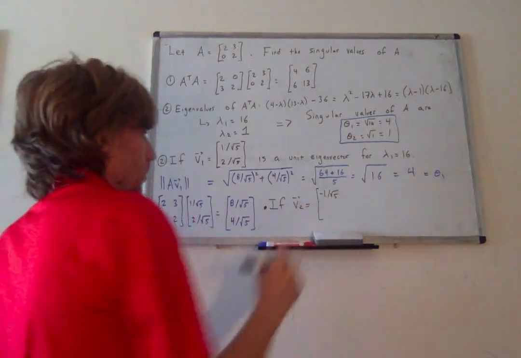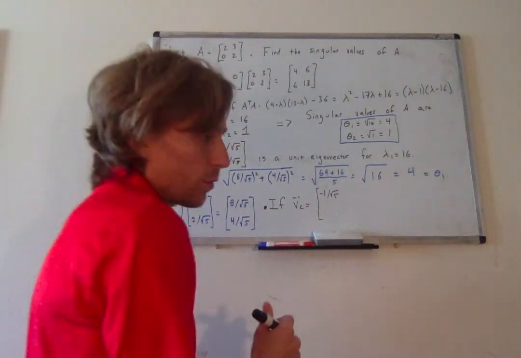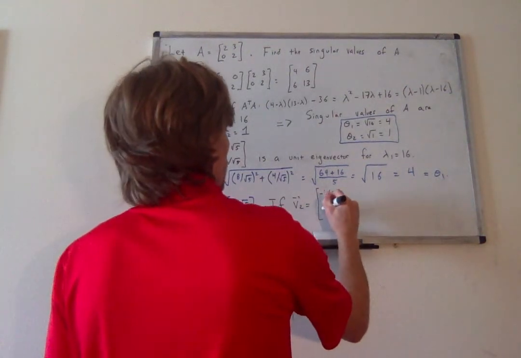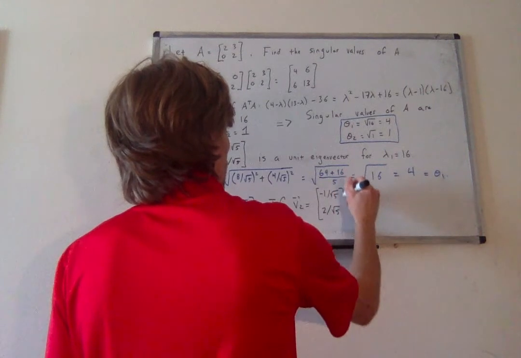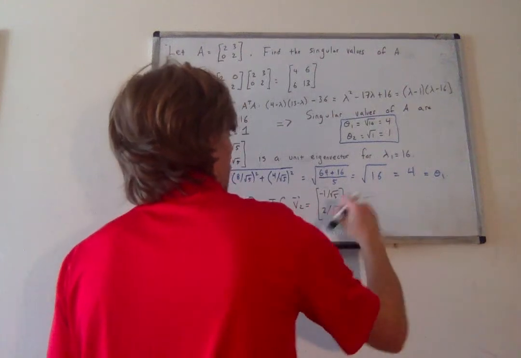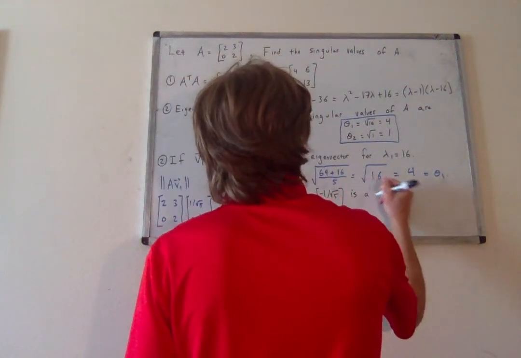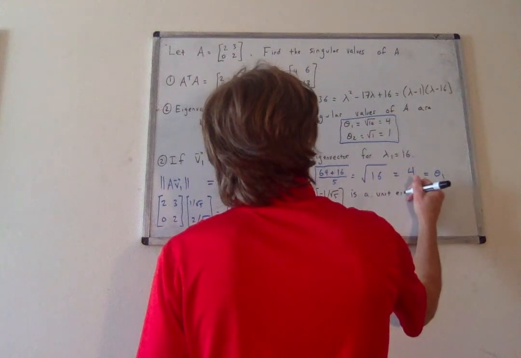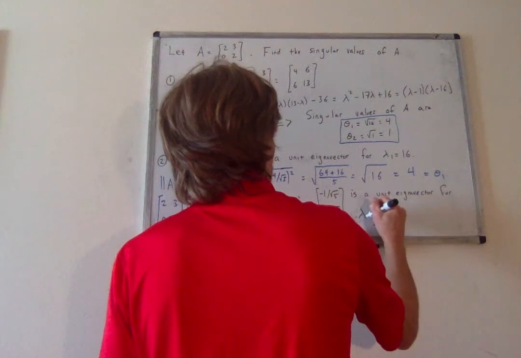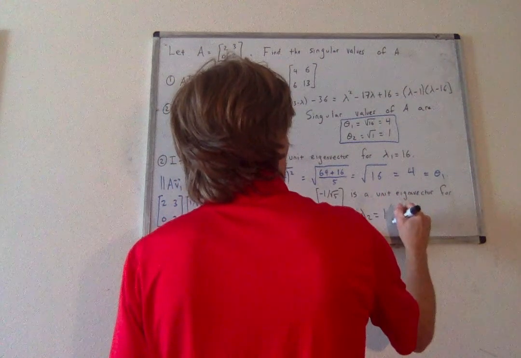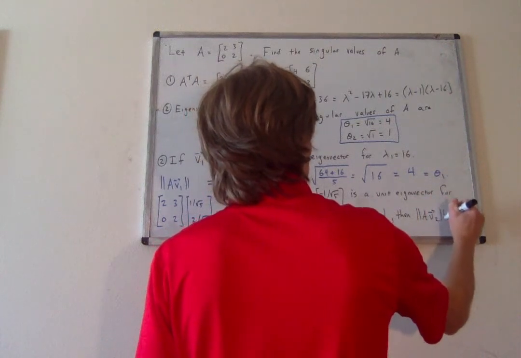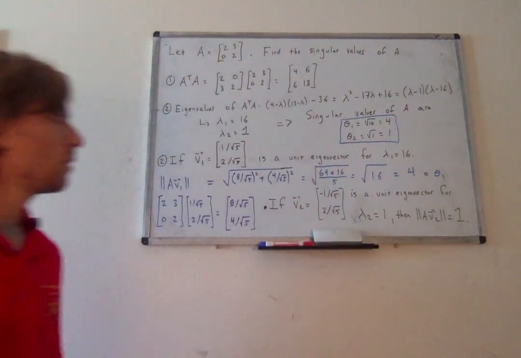So I'll just note, if V2 is equal to negative 1 over root 5, 2 over root 5, and this is an eigenvector for lambda 2 equal to 1, then you can verify that the length of A times V2 is actually equal to 1 as well.